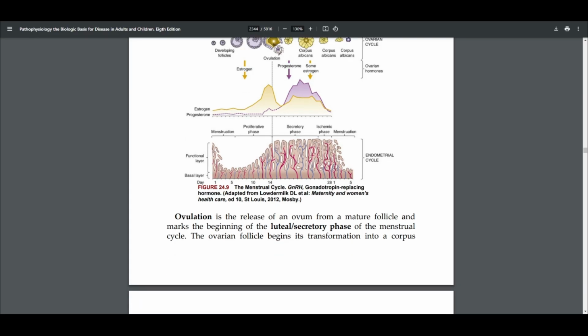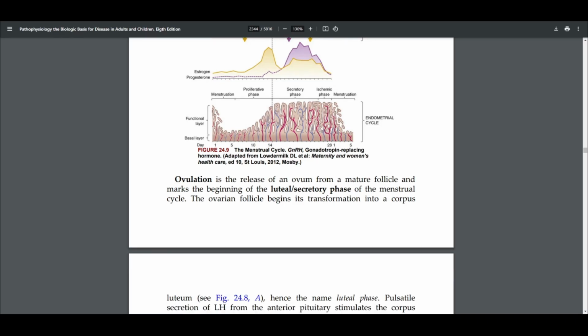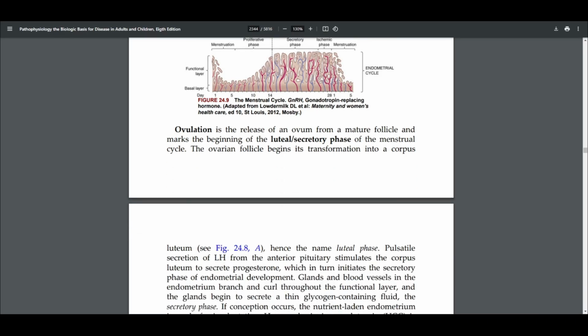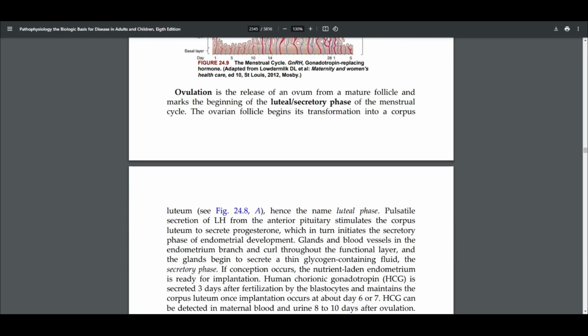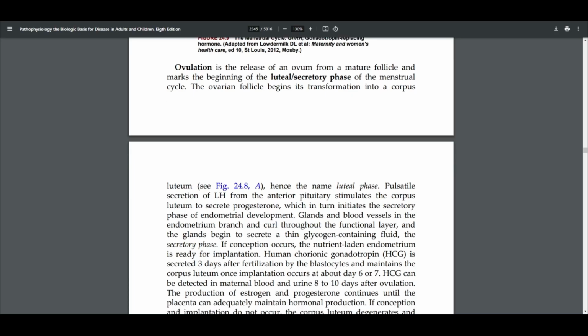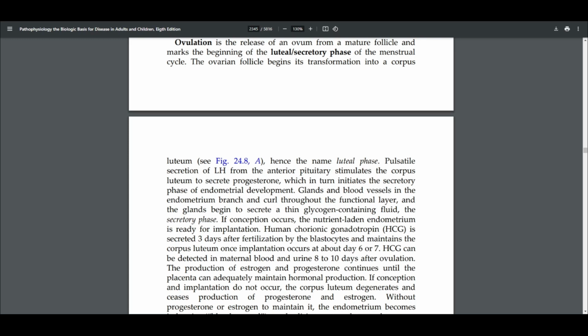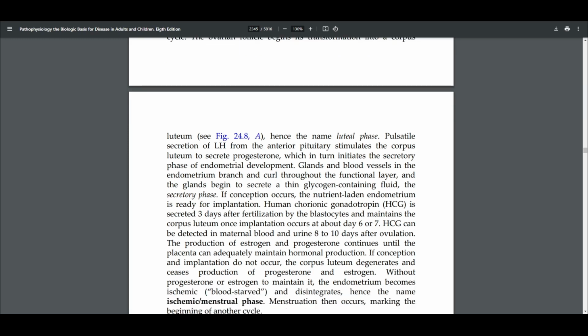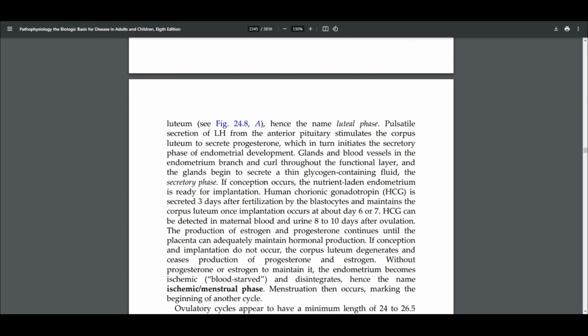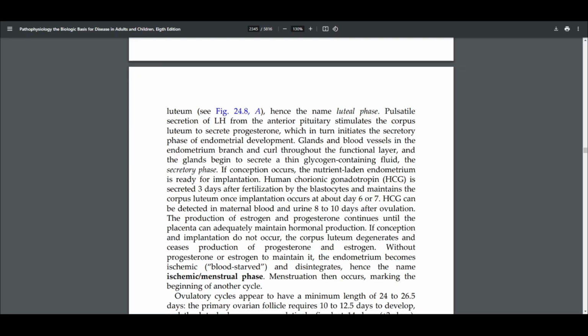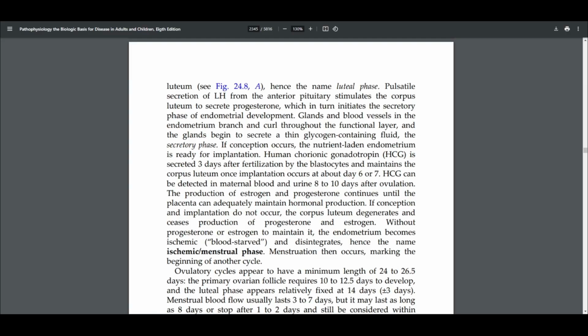The ovarian follicle begins its transformation into a corpus luteum, hence the name luteal phase. Pulsatile secretion of luteinizing hormone from the anterior pituitary stimulates the corpus luteum to secrete progesterone, which in turn initiates the secretory phase of endometrial development.